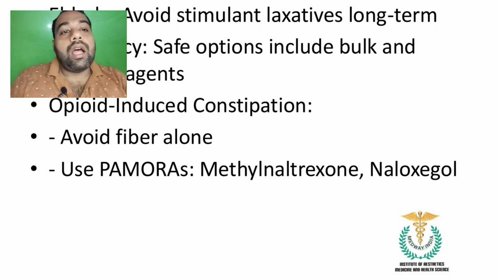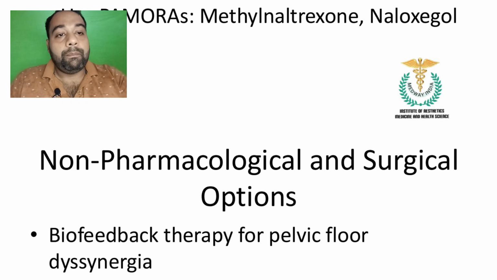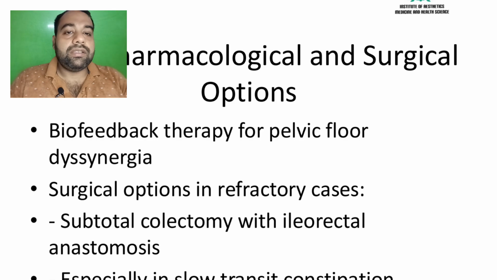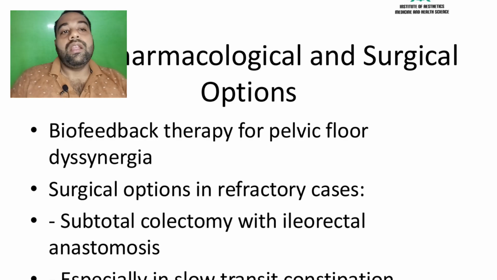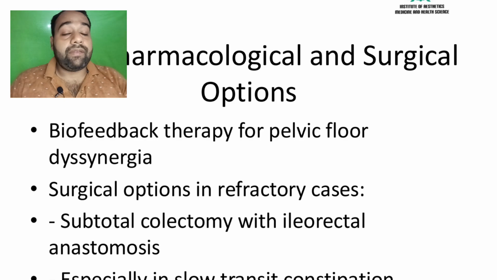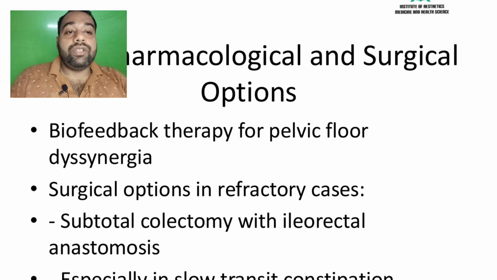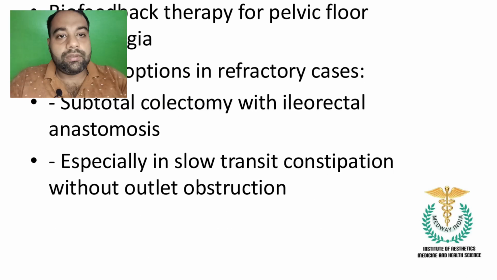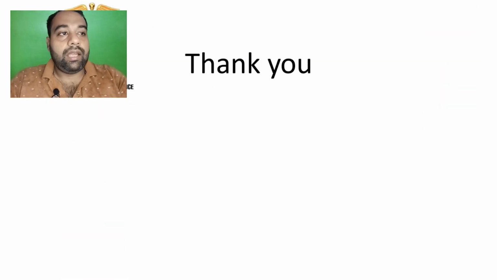You can use peripherally acting mu-opioid receptor antagonists like naloxegol or methylnaltrexone in some patients as well. As I have already mentioned, among the non-pharmacological and surgical options, biofeedback therapy for pelvic floor dyssynergia is very effective. Surgical options are typically for refractory cases: subtotal colectomy with ileorectal anastomosis, for slow transit. Thank you.